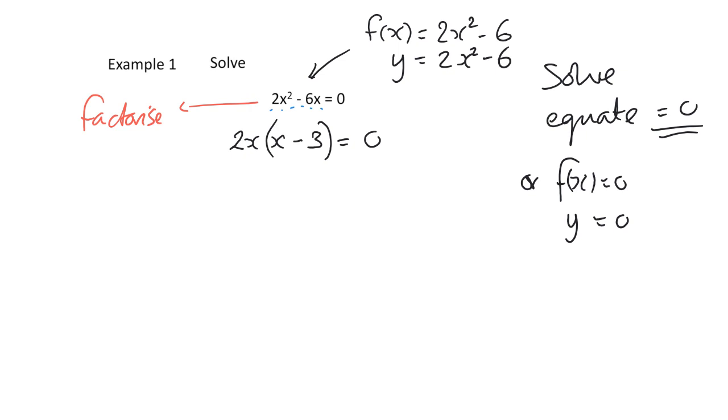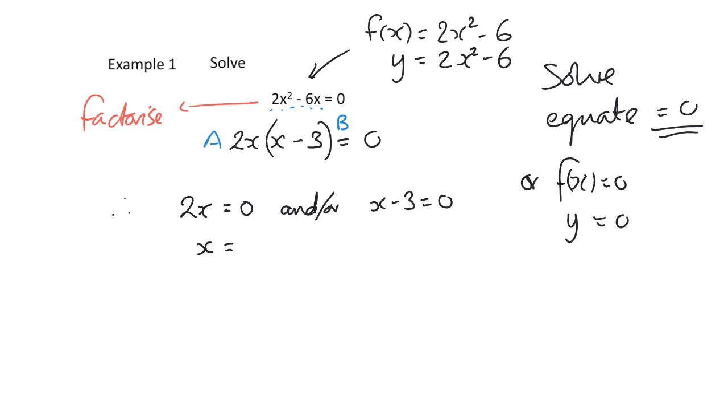If we were to look at this as we had done before, then technically the 2x is the a and the x minus 3 is the b, but we don't need to concern ourselves with that greatly. We don't need to be labeling that throughout the process. So to solve this, therefore, either 2x equals 0 and or x minus 3 equals 0. 2 times x equals 0.